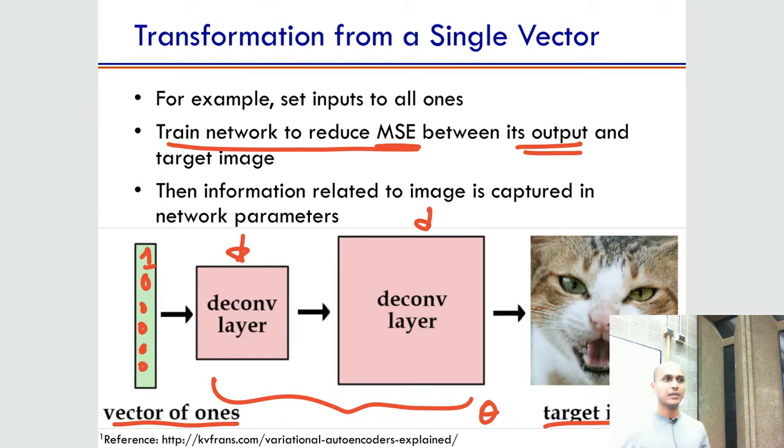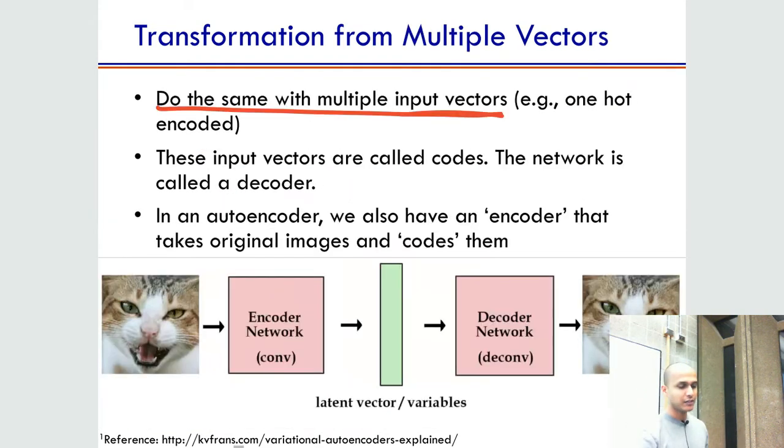Given some other image of a dog, I can change this vector to something else, maybe 0 1 0 0, and create an image of a dog. But they have to share the same thetas, the same weights. That's the constraint. So you have multiple vectors going to multiple images, all transformed by the same parameters, the same neural network.